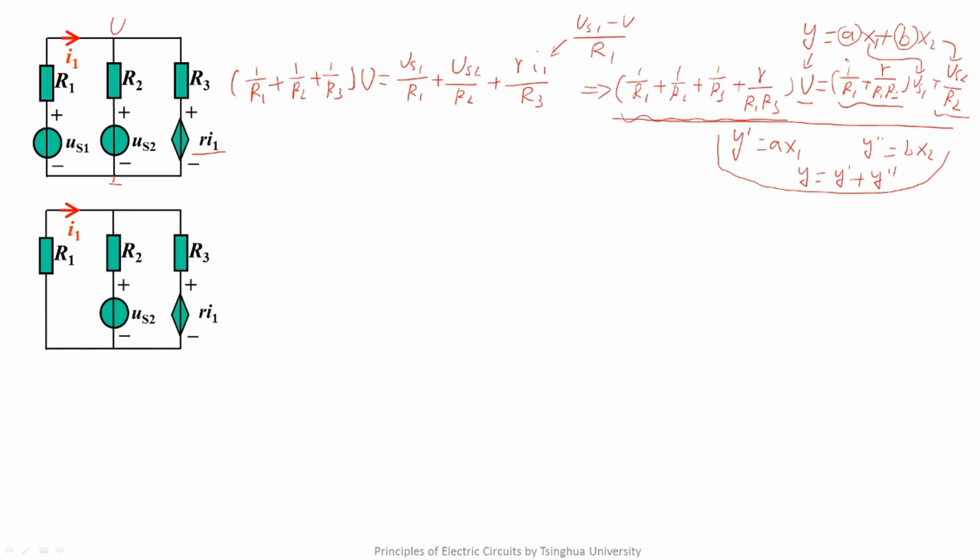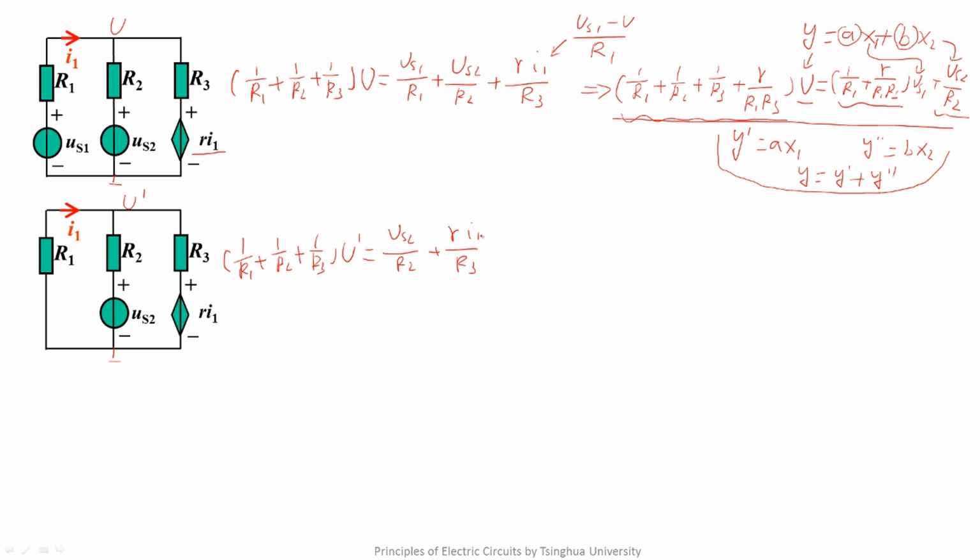Look at this circuit. In this circuit, x1 equals 0 and x2 is unchanged. This is a reference node, and this node voltage is U prime. By applying the node voltage method, we get 1 over R1 plus 1 over R2 plus 1 over R3 times U prime equals US2 over R2 plus R times I1 over R3.